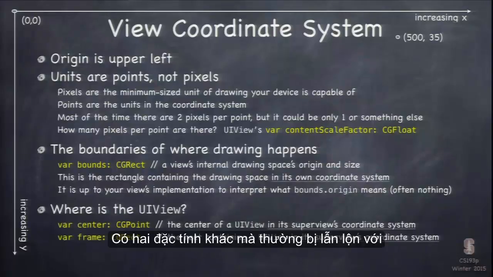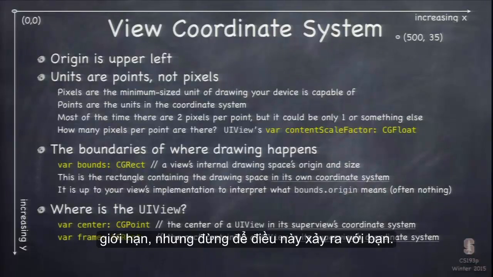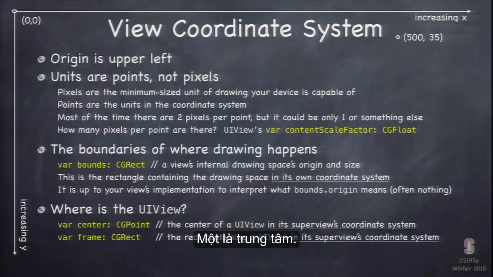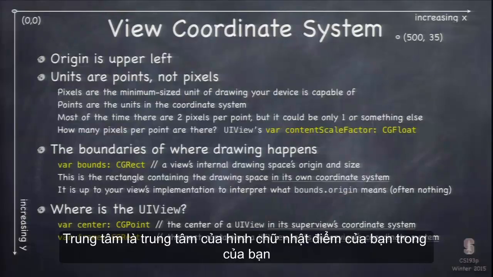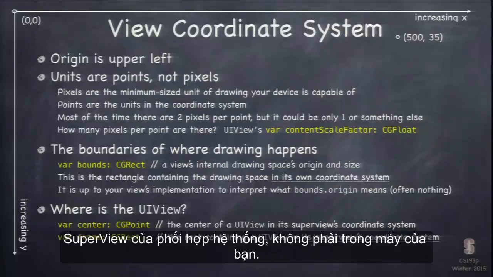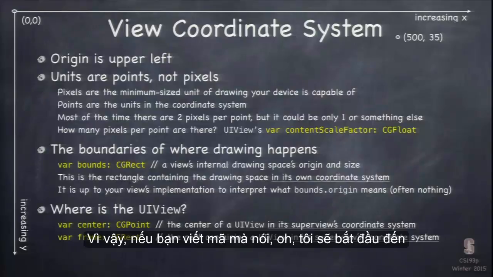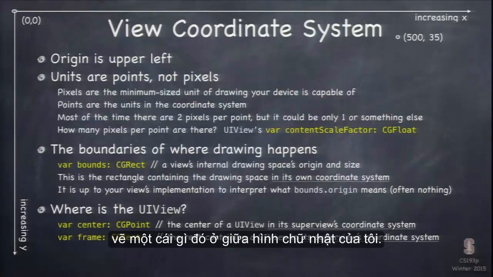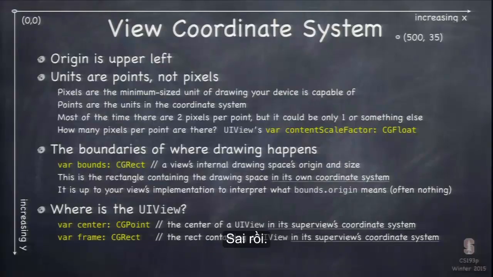There are 2 other properties that often get confused with bounds, but don't let this happen to you. One is center. Center is the center of your view rectangle in your super view's coordinate system, not in yours. So if you write code that says, oh, I want to start drawing something in the middle of my rectangle, I'll get center, that's wrong.